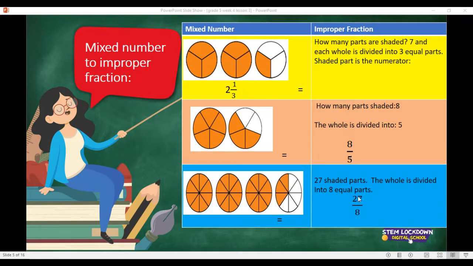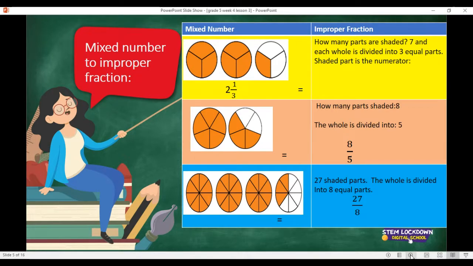So that is 27. And how do we get the denominator? Into how many parts is the whole divided, and this whole is divided into 8. So our answer as an improper fraction is 27/8. So that is how we change from a mixed number to an improper fraction, Grade 5.